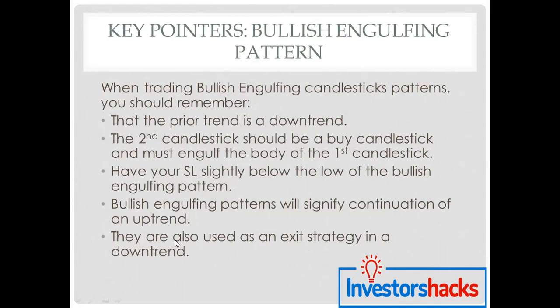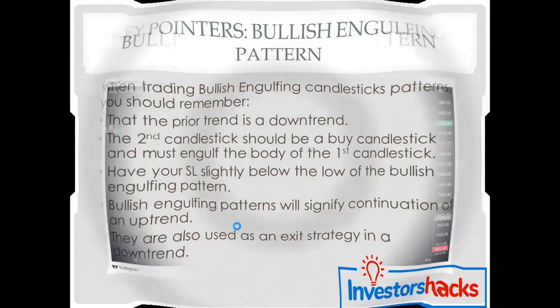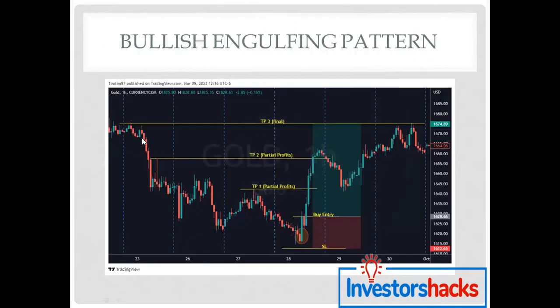Also, you need to remember that they are used as an exit strategy in a downtrend. So when we are talking as an exit strategy, this is a downtrend. Let's say you are in a trade. You are trading this pattern, you had identified an entry and you were in the trade as the trend was coming all the way down.